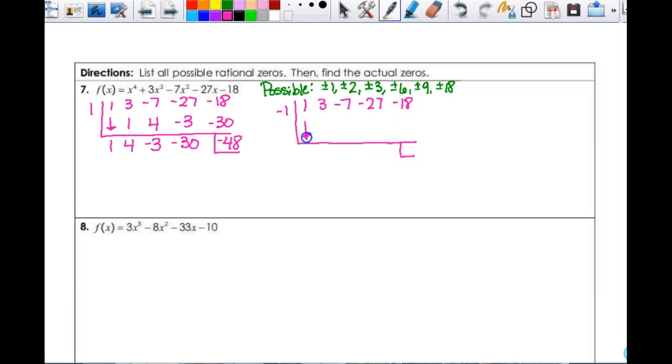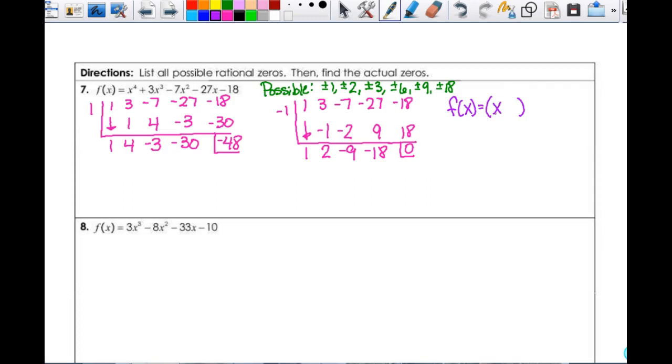Okay, so you should be able to do this without me walking through it. So does this one work? Yes, it does. Okay, so that's good. So negative 1 works, which means that the actual factor is x what?